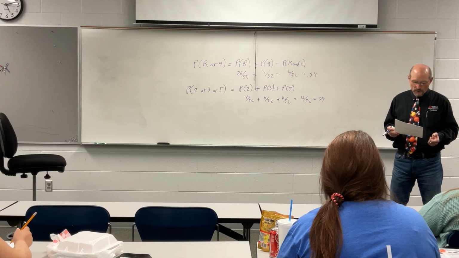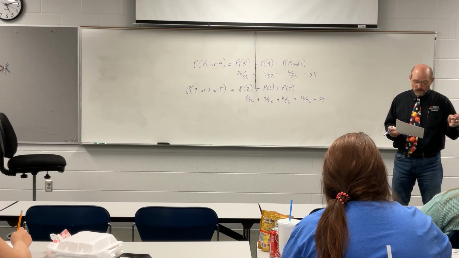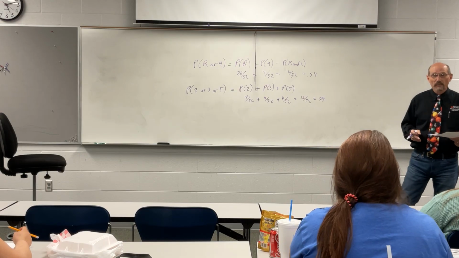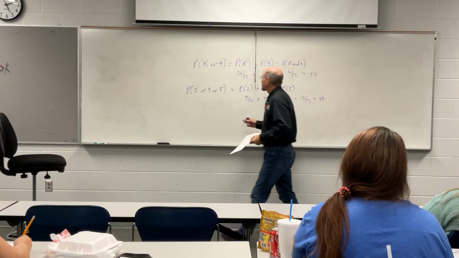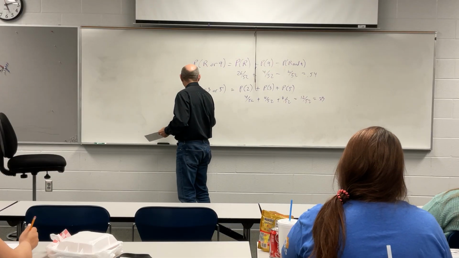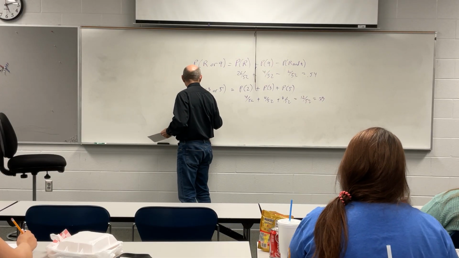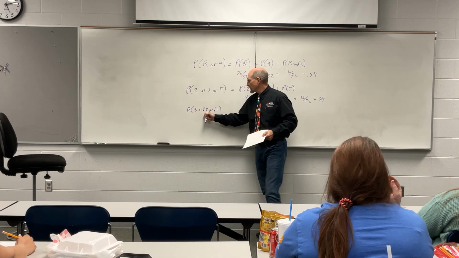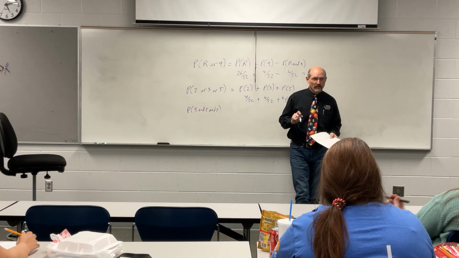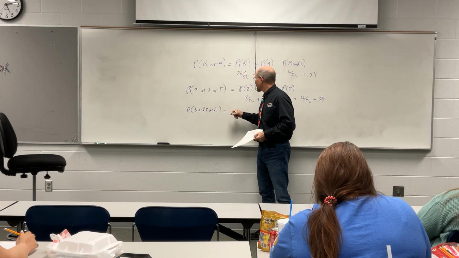Three 5s in a row. Three 5s in 3 draws with replacement. Notice with replacement means the draws are independent of each other. You take out a 5, you put it back in, reshuffle. This is going to be the multiplication rule. It's probability of 5 and 5 and 5: first draw, second draw, third draw. If it's with replacement, they're independent.